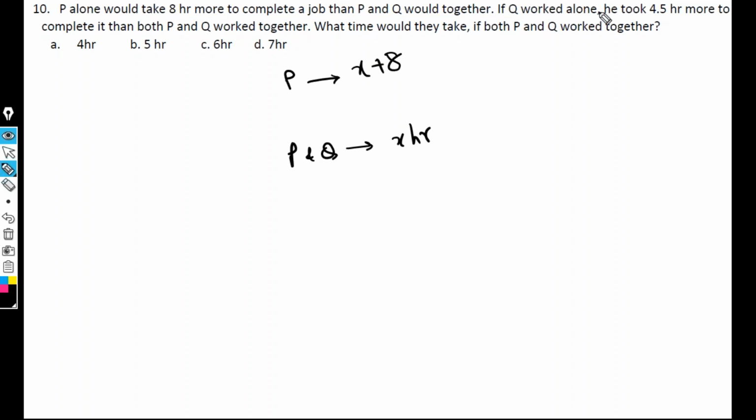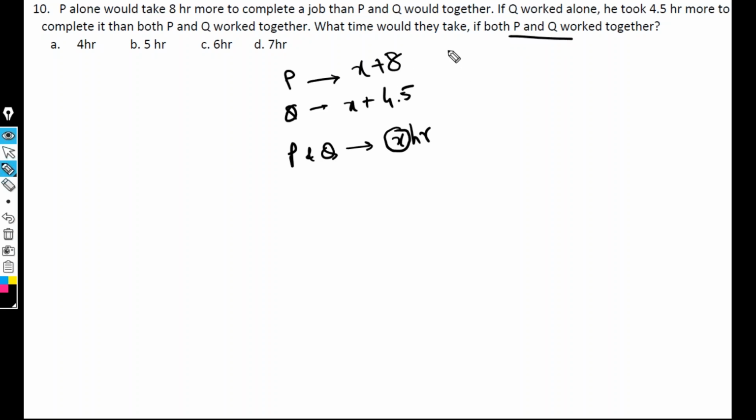Then he says if Q worked alone, he took 4.5 hours more to complete it than both P and Q working together. So for Q, the time taken is X plus 4.5 hours. He asks, what time would they take if both P and Q work together? Which means we are required to find the value of X here.